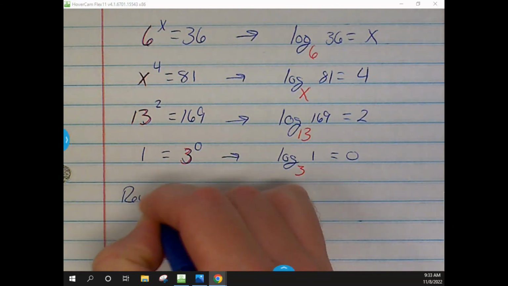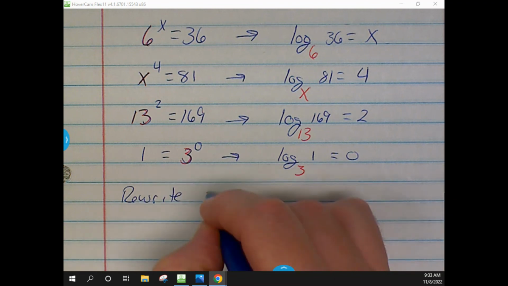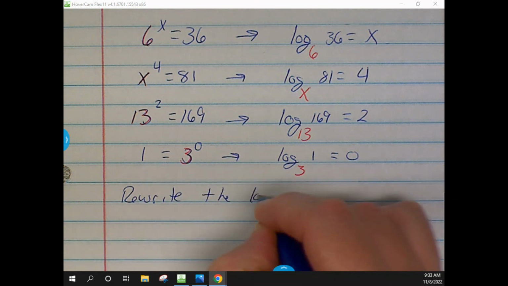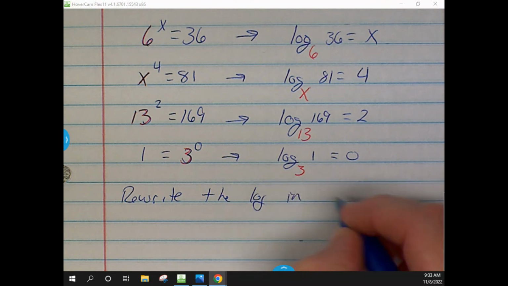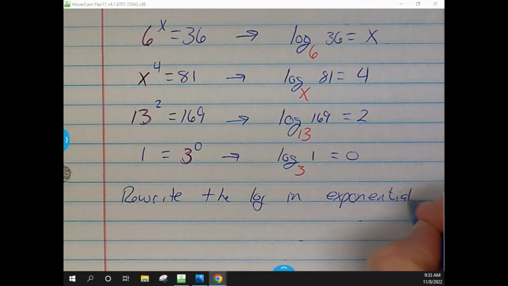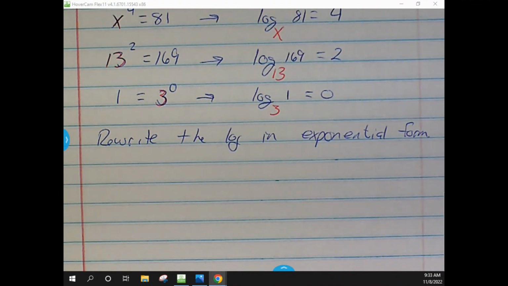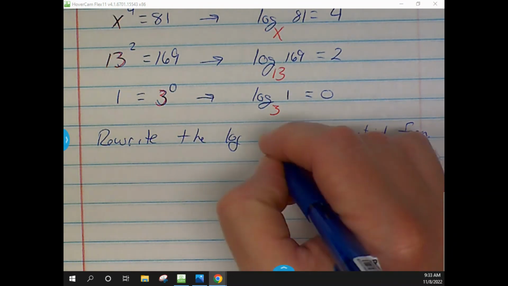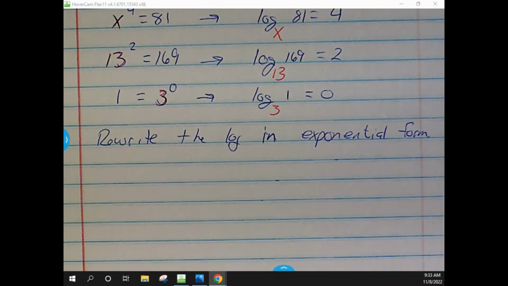Let's go the opposite way in this case. Let's rewrite the log expression in exponential form. So now we're going to rewrite the log in exponential form.